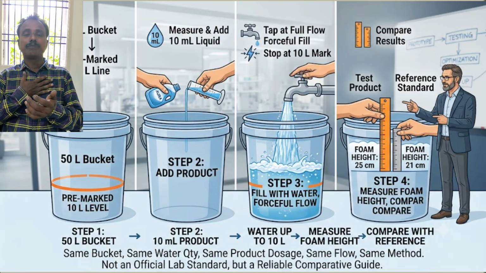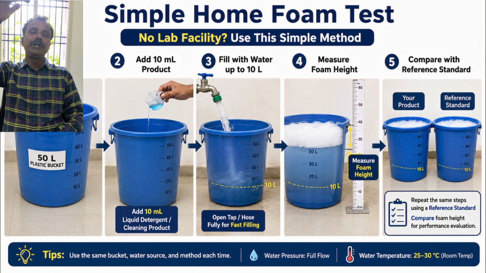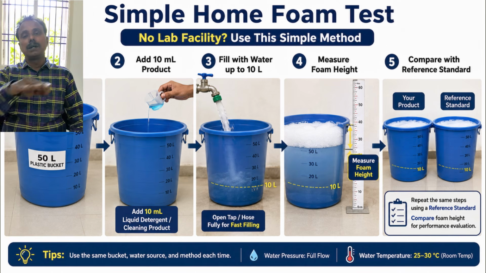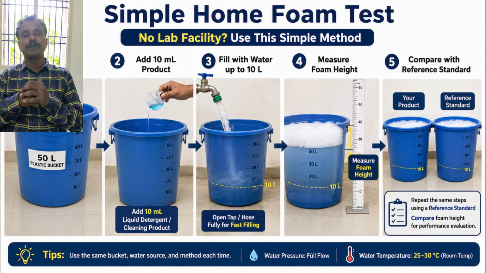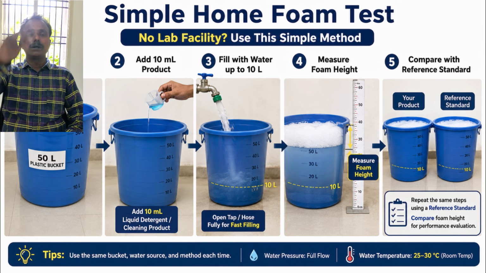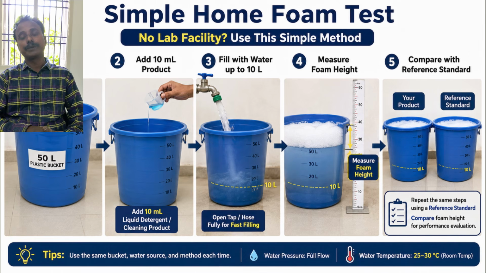In our home, we need to use a 50-liter capacity bucket. At the bottom part, at 10 liters, we need to make one measurement. Then we need to pour 10 ml of the cleaning product. Then we need to open the tap and fill the water up to 10 liters.